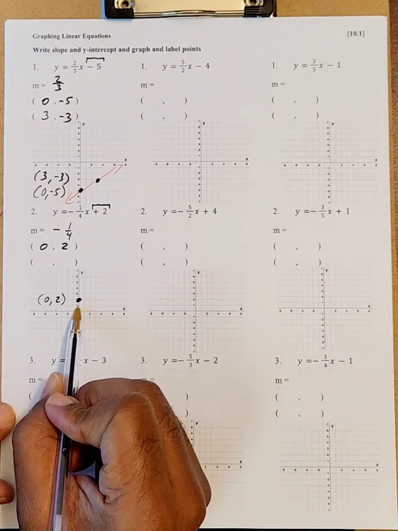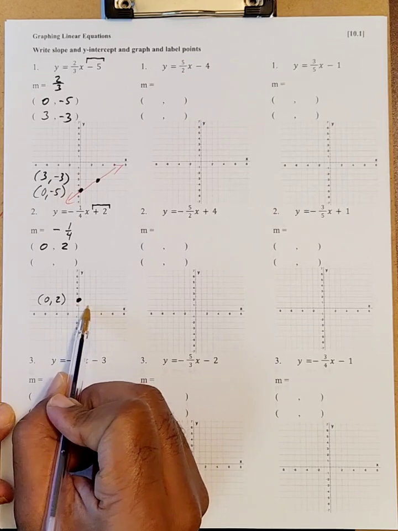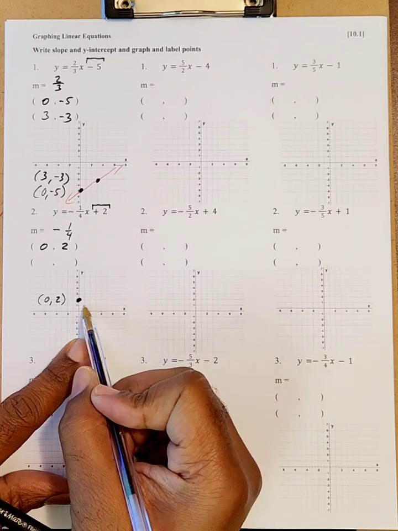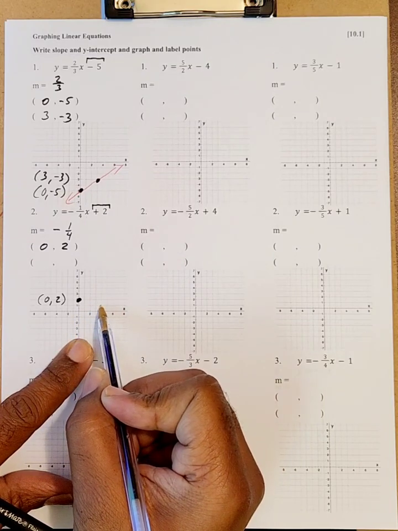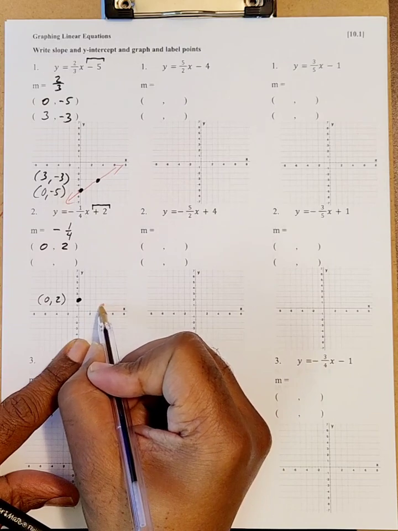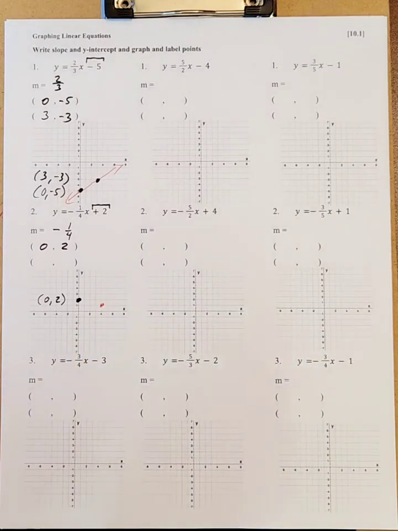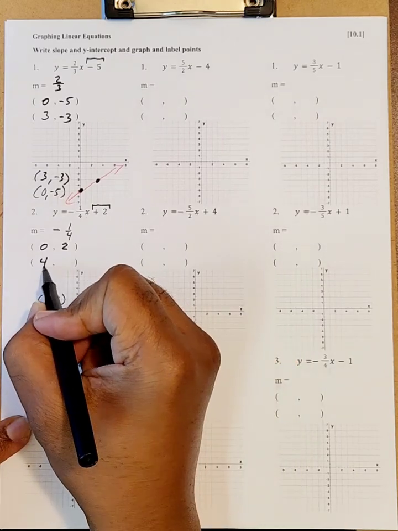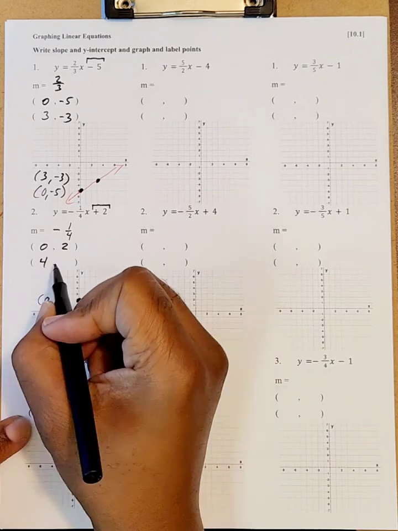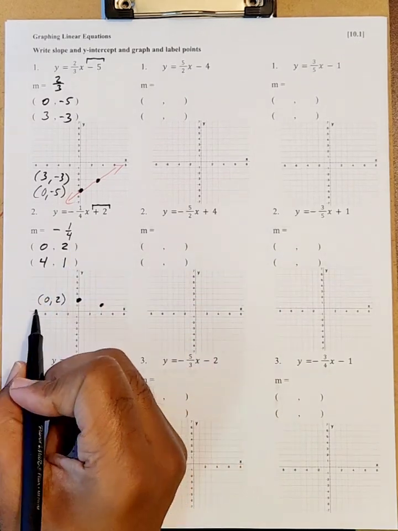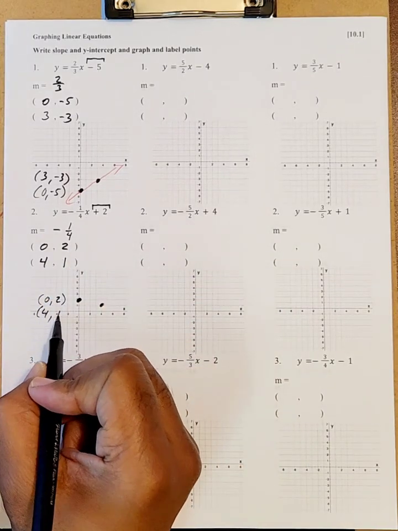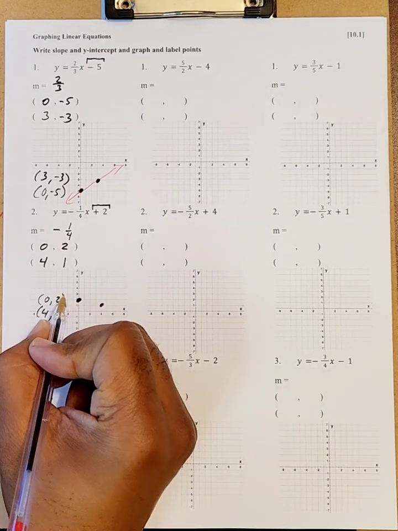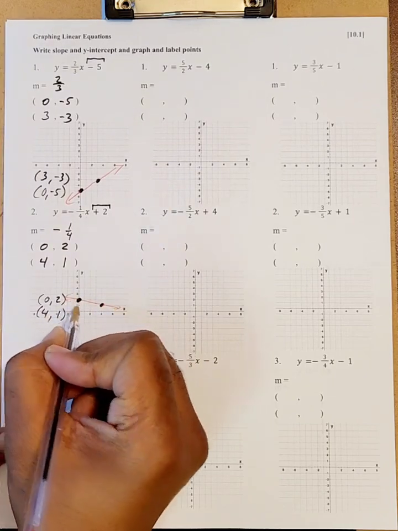So 1, 2, oh, this is so small, 1, 2, 3, 4, and it takes me to this spot right here. So that's my new point. That new point is x is 4, and y is 1. That new point right there again is 4 and 1. Then we draw a line through the points, and we're done.